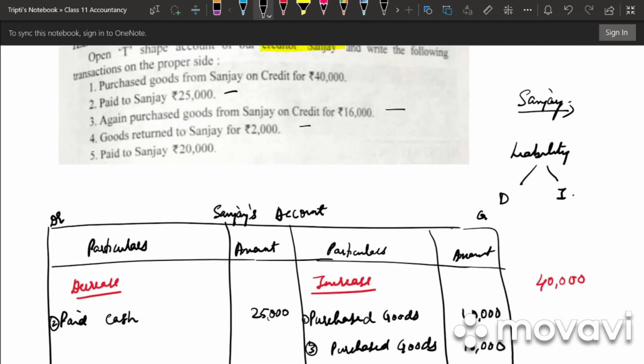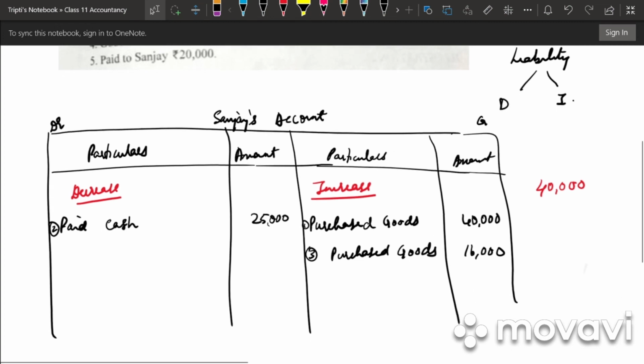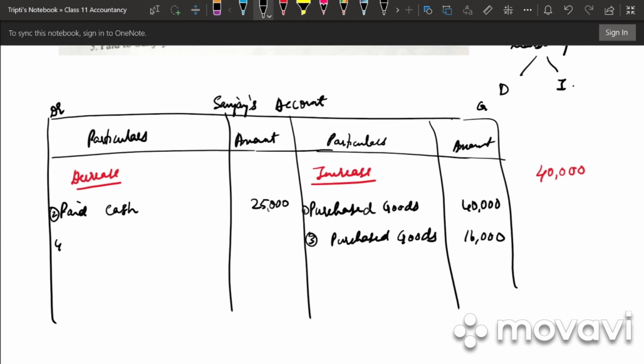Next we have goods returned to Sanjay for 2,000. So we had purchased goods worth rupees 40,000. Then we have returned goods to him worth rupees 2,000. So what has happened to our creditor's account? It has reduced. Why is it reduced? Because there is return of goods, that is purchase returns.